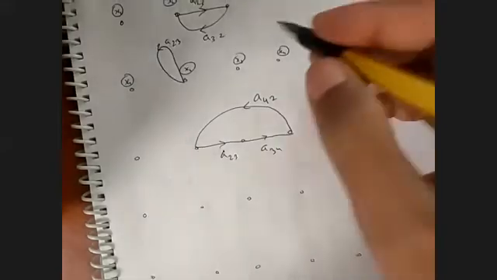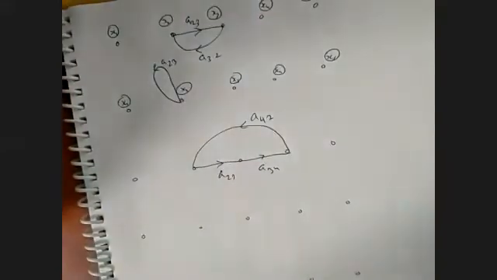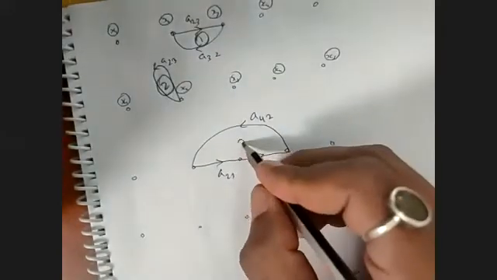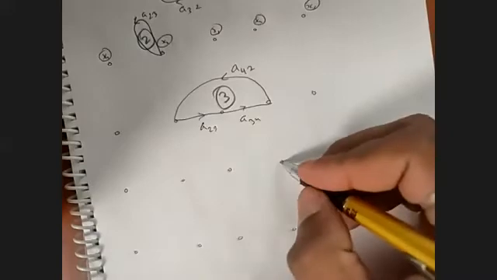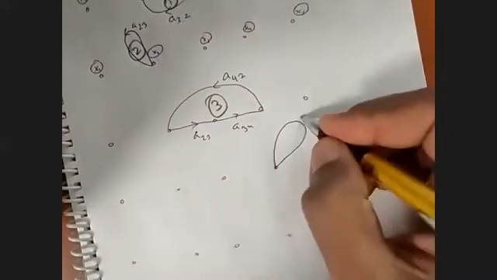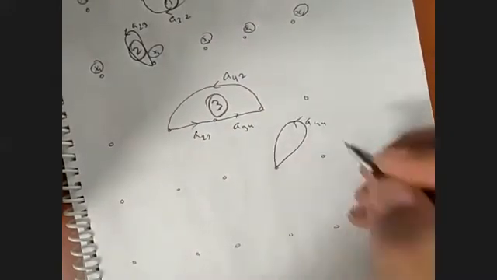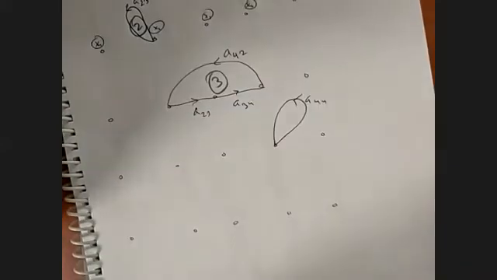This will be your loop number 1, this will be loop number 2, this will be loop number 3. Then we again have this loop, that is A44. This will be your loop number 4.